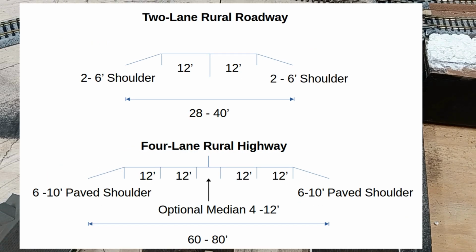The second set is rural cross sections, where we're showing a 2-lane rural roadway with paved shoulders, and a 4-lane divided highway. You'll note that you can have a variety of widths, especially for shoulder widths, which can vary from no shoulder to 2 feet on local roadways. 4 feet is pretty common.